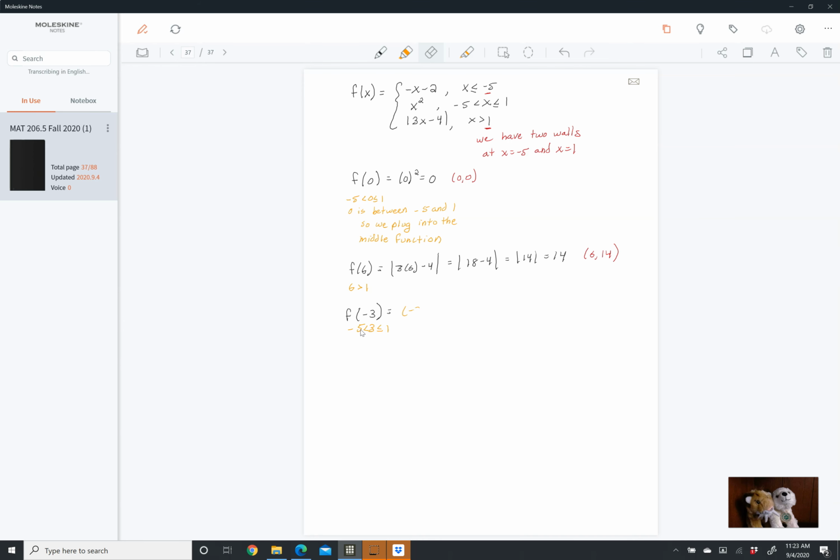So it's (-3) squared. Now remember from order of operations, the whole -3 is being squared, not just the 3. The -3 is in parentheses. Whole -3 gets squared, which means that 3 gets squared, but so does -1. So this becomes a +9.